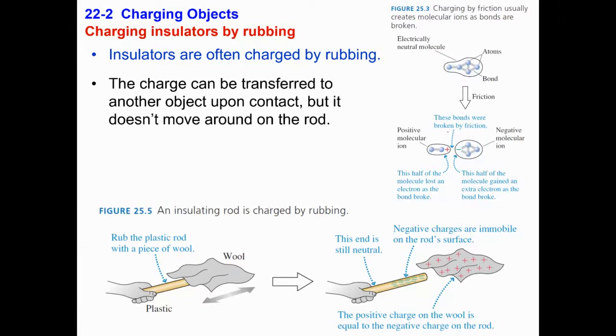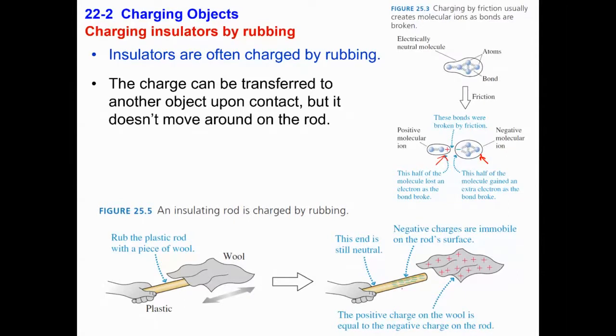And what happens is when you break the bond, the electron might go to the right side, and you have one extra electron on this side here, and hence one less electron on the other side. So you end up with part of the molecule negatively charged and part of the molecule positively charged.